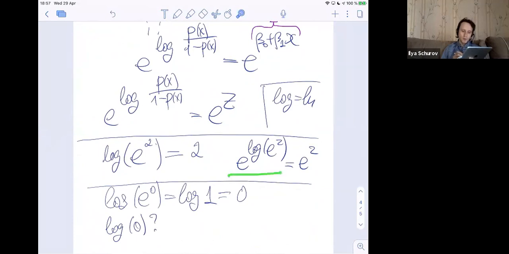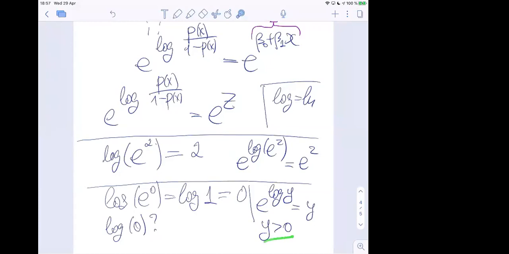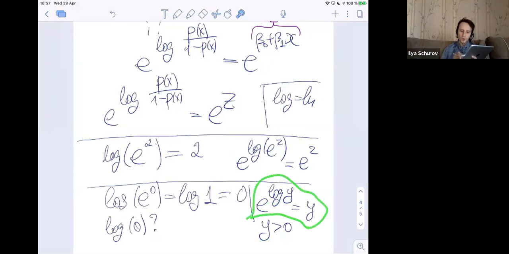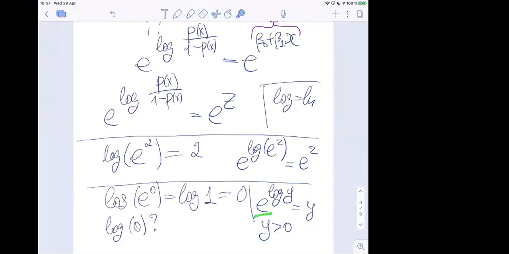This relation works for all values here. This is like a definition of what an inverse function is. E to the logarithm of y equals y. This works for all positive y. For negative y, logarithm is not defined, but for all positive y's, this formula works. So if it is defined, it works the same way.